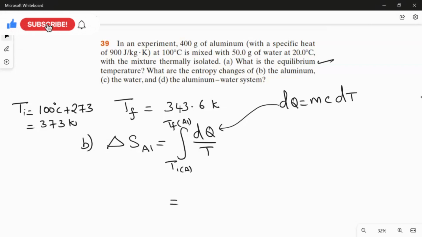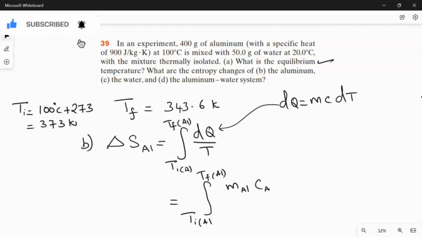When you substitute, you get the equation for aluminum as the integration from the initial temperature of the aluminum, the lower limit, to the final temperature of the aluminum, the upper limit. In place of dQ, I use the mass of the aluminum, the specific heat capacity of the aluminum, and the change in temperature dT, divided by temperature T, because we have the temperature in the denominator.